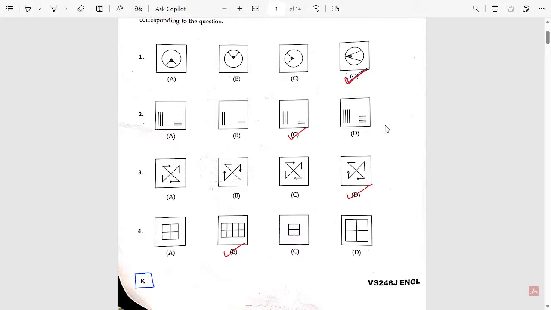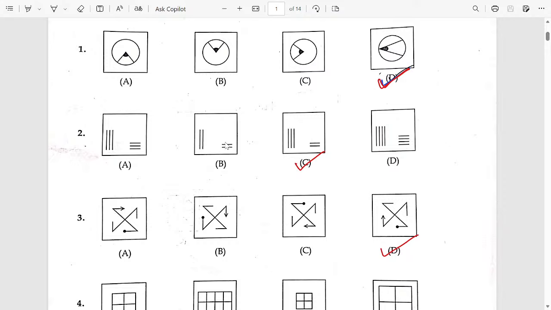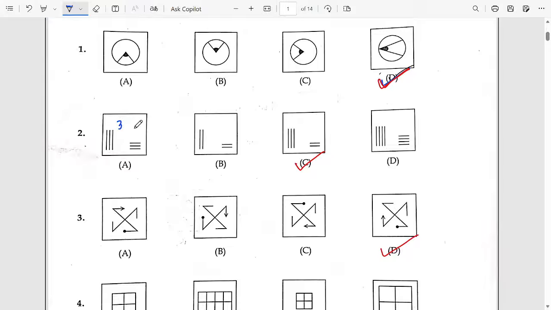For the second question, what is the answer? In the options, the pairs have the same number of lines: here three lines and three lines, two lines and two lines, four lines and four lines.